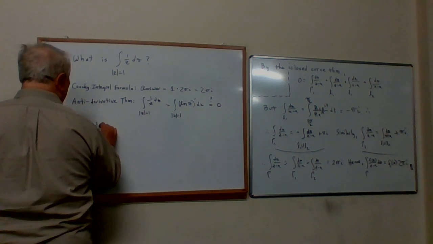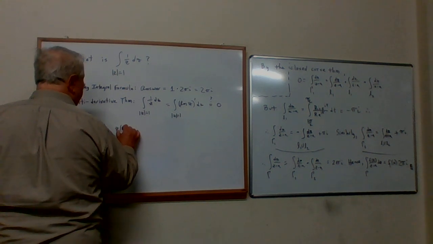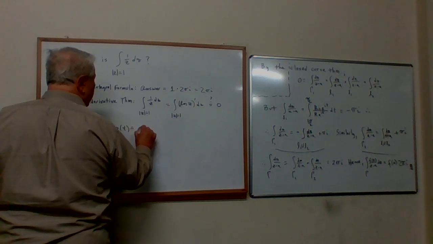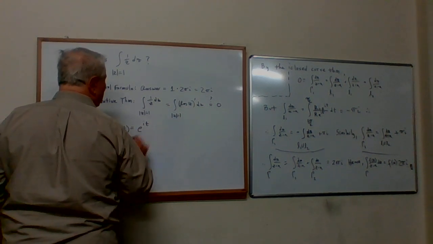On the unit circle, z of t can be written as e to the it.